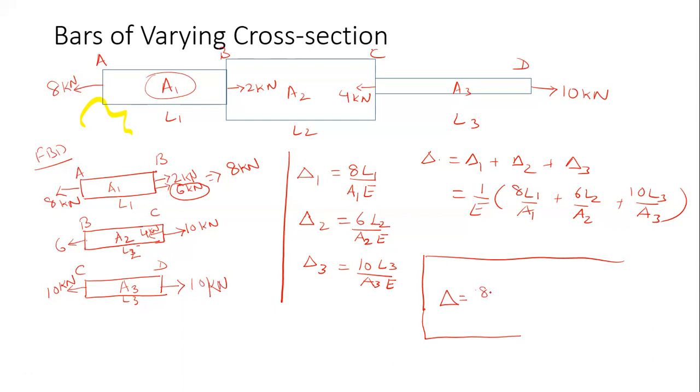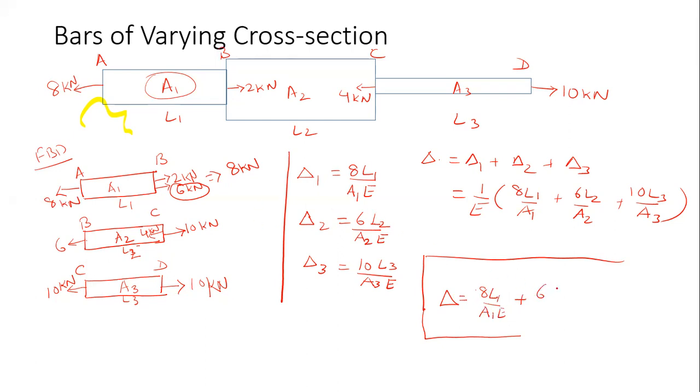So the deformation will be 8 L1 upon A1 E1 or A1 E, because the material is the same. And for this section BC, the total force acting will be equal to 8 minus 2, which is 6.